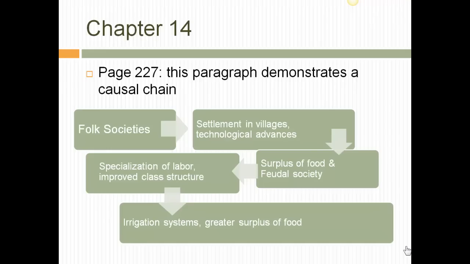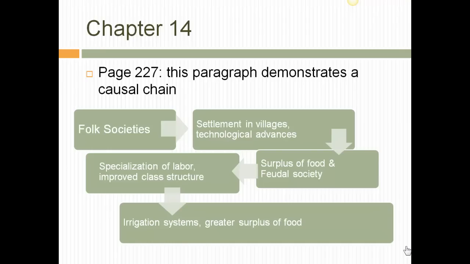As they solidified, they led to settlement in villages and more technological advances. These technological advances in turn become a cause for a surplus of food, which allows the feudal society to be established. That effect in turn becomes a cause.